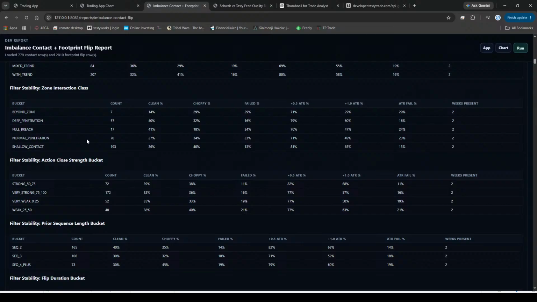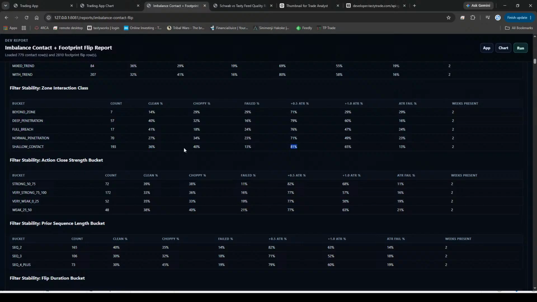I don't have details right now for what's a normal penetration and a shallow contact. Shallow contact means you barely went into it. But shallow contact also means that I get a clean break back on the reaction coming out. And even if it's choppy, we're hitting 80% of the time.